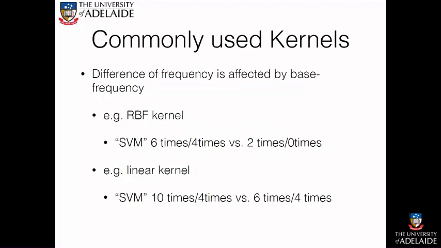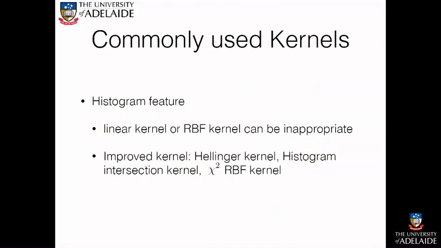For example, the so-called chi-square kernel, RBF kernel, or another kernel called the histogram intersection kernel. All of these basically calculate the distance between two histograms.